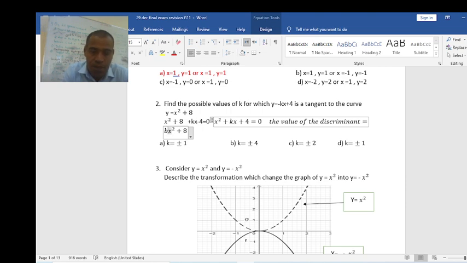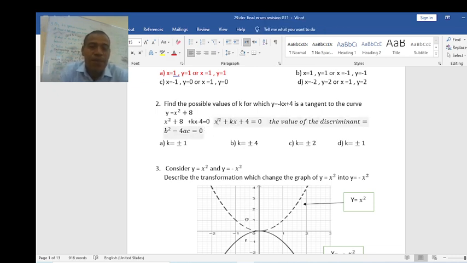B squared minus 4ac should be equal to 0. So here you can see that a is 1, b is k, and c is 4.